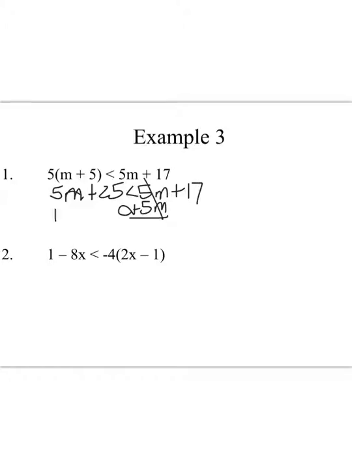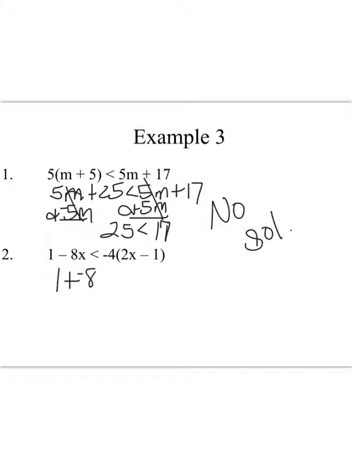I think my writing is getting sloppier as I go along. And we end up with 25 being less than 17. I'm sorry, 25 is not less than 17. So that is a false statement, so it is no solution.